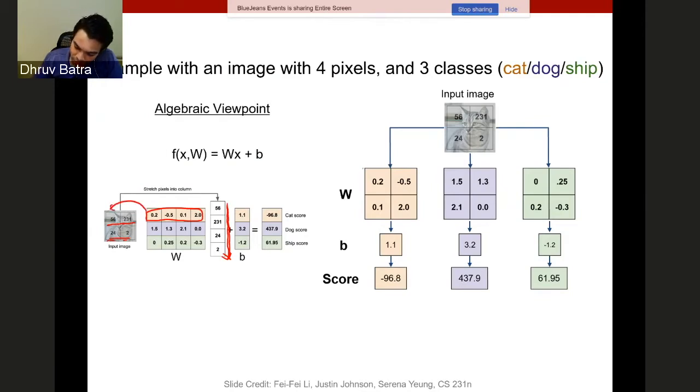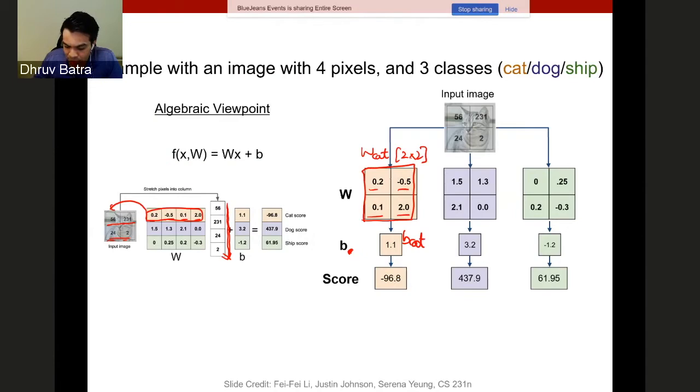So this 2x2 matrix on the right, 0.2, -0.5, 0.1, 2.0, is essentially the first row of my W matrix. I should think of this as W cat, except I've converted it into a 2x2 size, as opposed to a long vector. And this is my B cat, if you will.